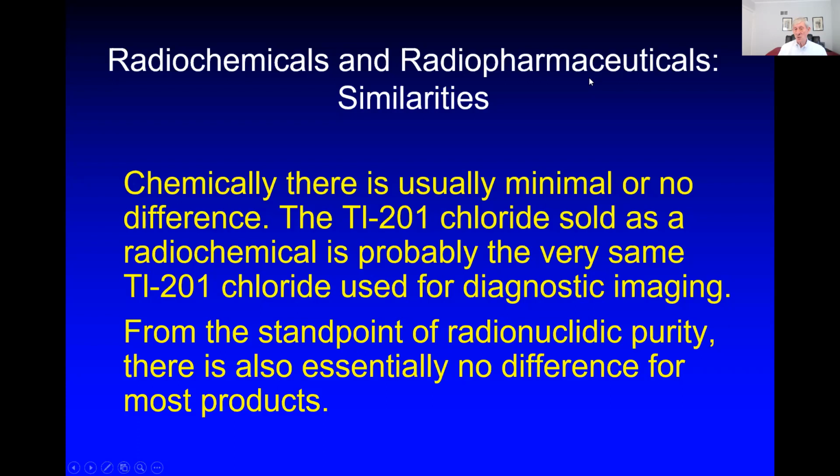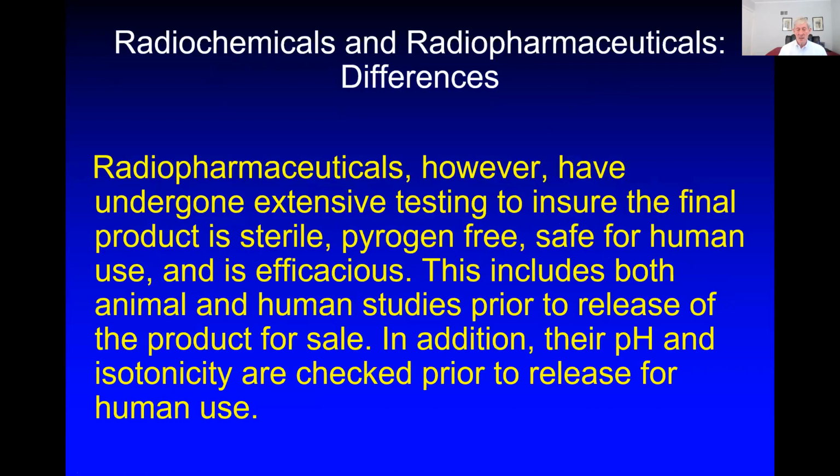Are radiopharmaceuticals sterile and pyrogen free? Yes, they are. Are radiochemicals sterile and pyrogen free? We don't know. They're just chemicals. So there are lots of differences, and here's what they are. Radiopharmaceuticals, what do we know about them? They're sterile. They're pyrogen free. The FDA has determined that they are safe and efficacious to use in humans.